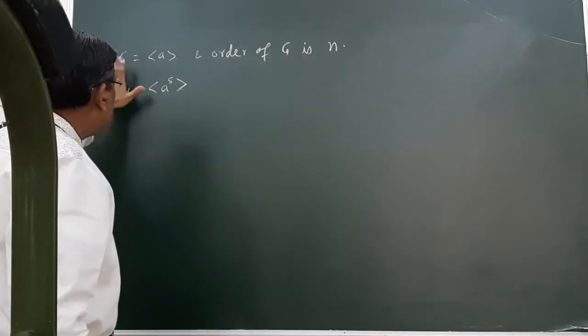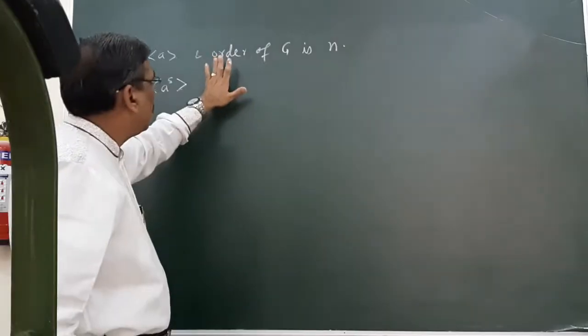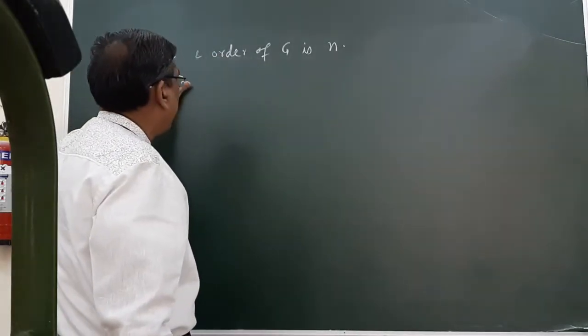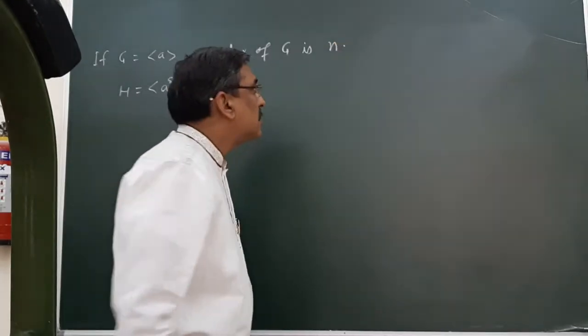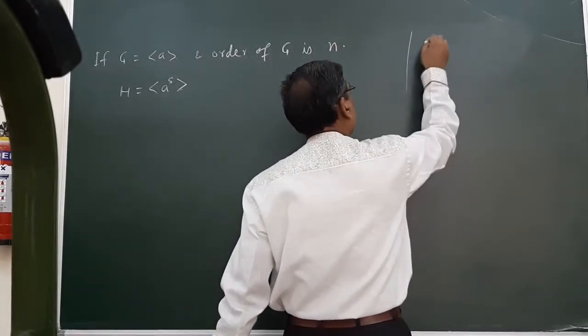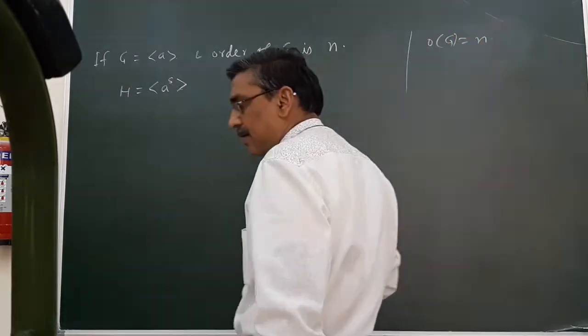Now, if G is a cyclic group generated by A and the order of G is n, this is given.